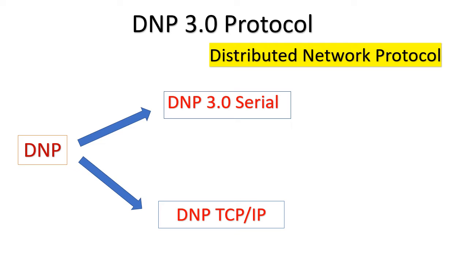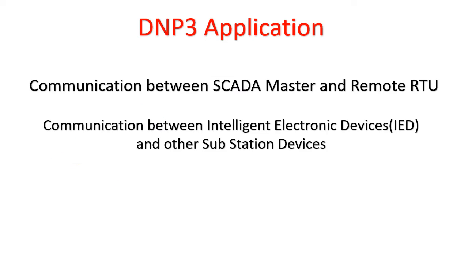Aside from this serial version, there is an IP version that is being used. For the IP version, port number 20,000 is used. DNP3 was basically designed to be a protocol for reliable communication between the SCADA master and remote RTU.